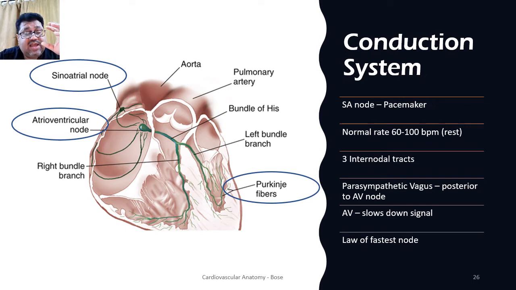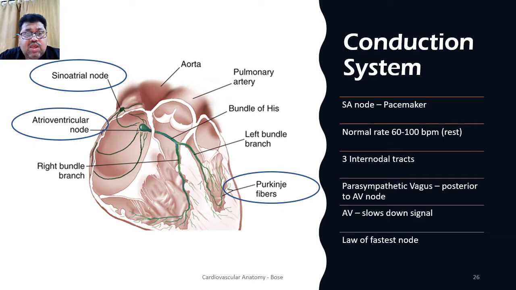This signal has already triggered the atria to contract. However, the ventricles are still relaxed because the signal has not gone into the ventricle, and therefore during this period the ventricle is still filling with blood arriving from the atria.